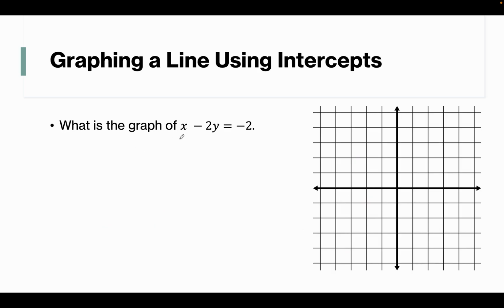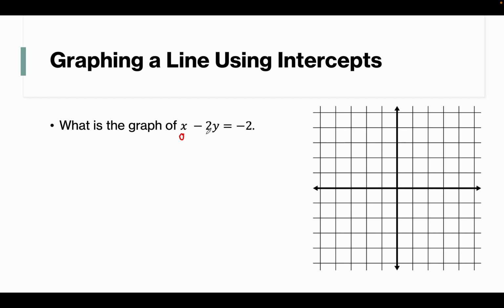What is the graph of 2 minus 2x minus 2y equals 2? Alrighty, well, let's find both the x-intercept and the y-intercept, and we'll plot those points on the graph, and we'll actually do the line. And I'll try and make it a straight line. Okay, so first of all, I'm going to 0 out the x, so that I can figure out the y.